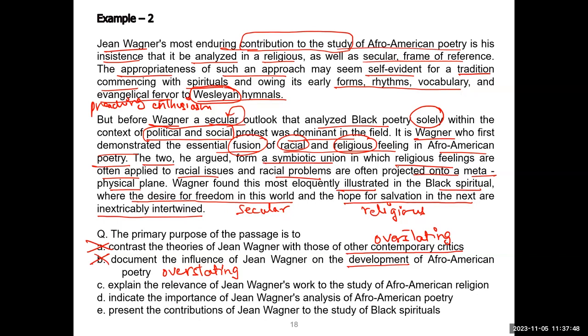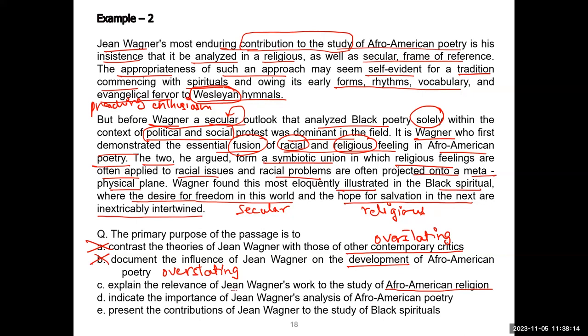Another point is that in the first line of the first paragraph, it says Wagner's most enduring contribution to the study of Afro-American poetry. It's not saying religion or anything. Exactly. We cannot mark C because C is talking about Afro-American religion and not poetry.